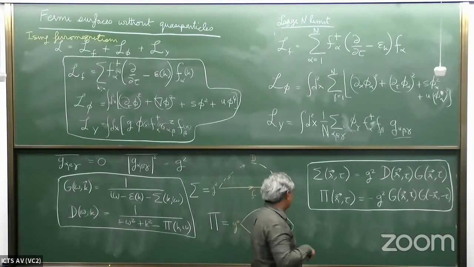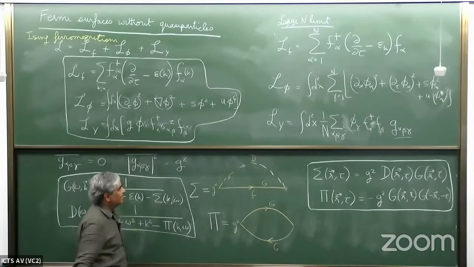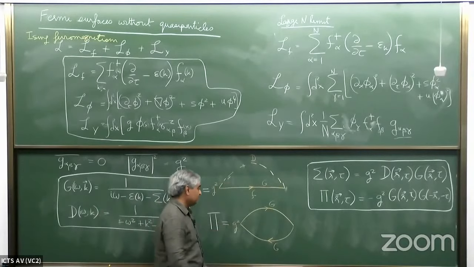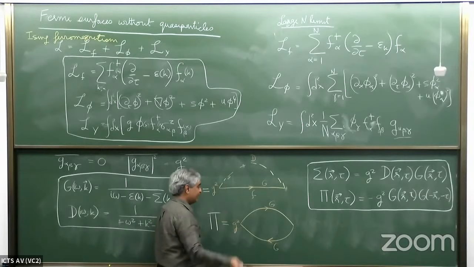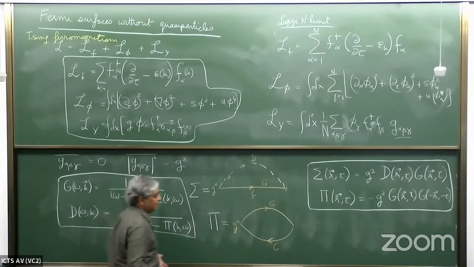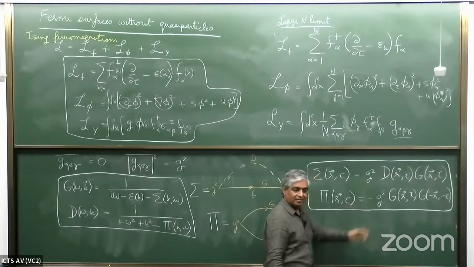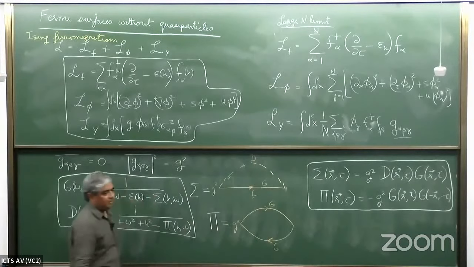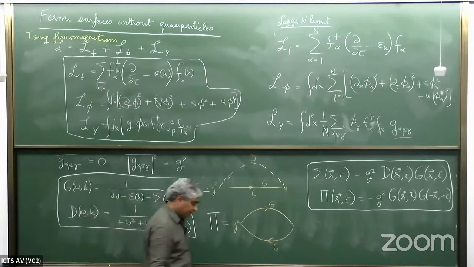Well, if you take your favorite theory and compute these two graphs with the appropriate indices of the SU(N) generators and everything else, you will get essentially the same equations, but perhaps some of the numerical factors here will be slightly different. Right, okay. But I don't think the 1/N corrections would be small.